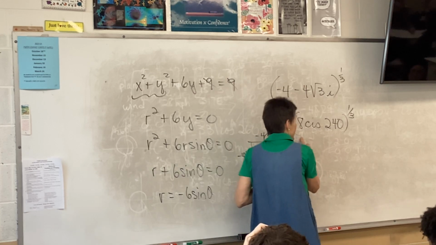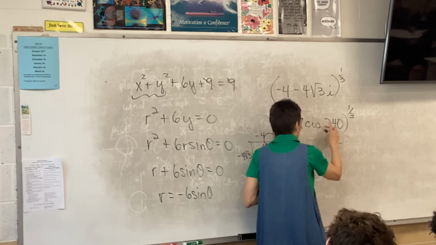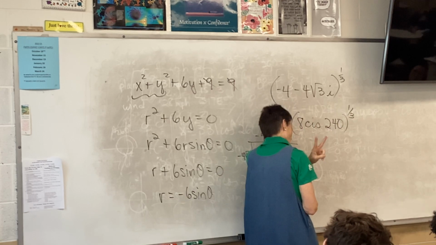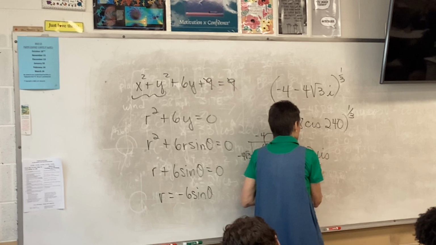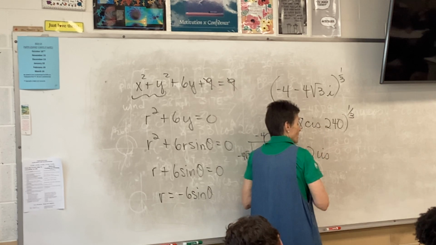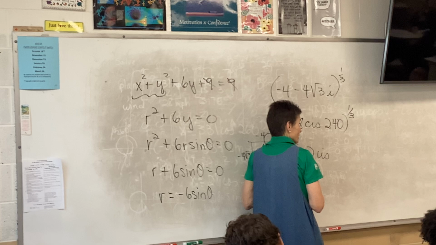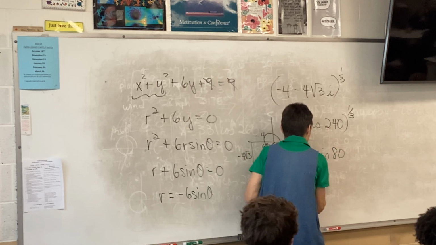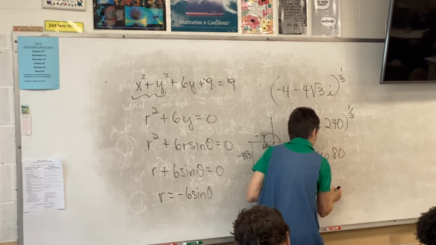So what's the first answer? Use de Moivre. De Moivre says 8 to the 1/3 power, which is 2. 240 times a third, which is 80.